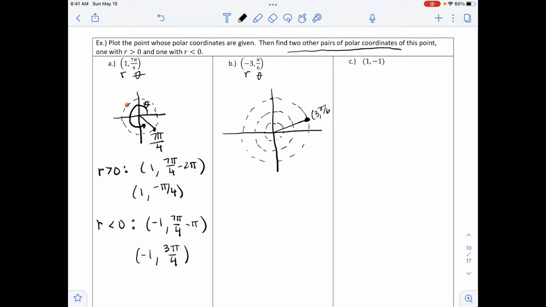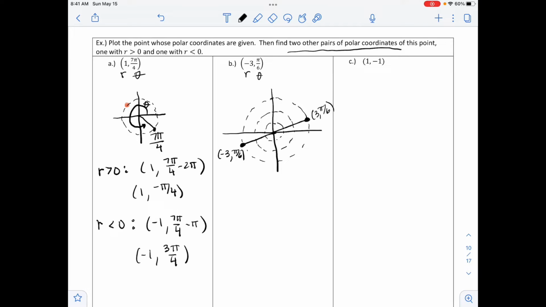I'll connect that point from the pole. Remember that since we have a negative 3 for our radius, this is going to reflect through the pole and into quadrant 3. So we have (−3, π/6).